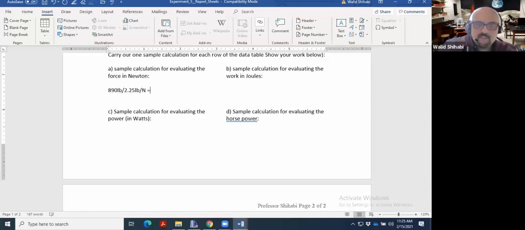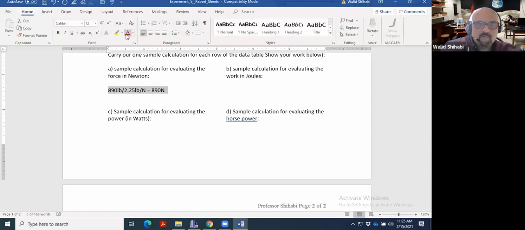Then type the answer, like 890 Newton, and make it red if you can. Okay, it's red. Something like that would be fine, as long as I can see units and the right operation, I can see division.